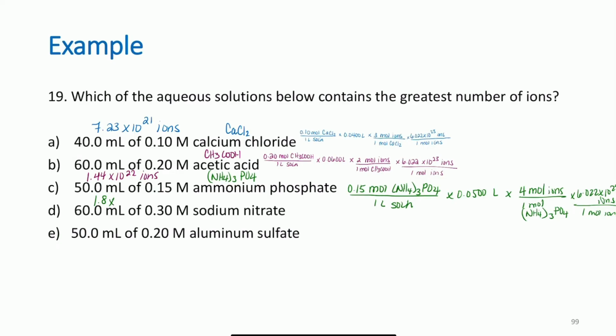Let's see, 1.8 times 10 to the 22nd ions. I wasn't paying attention. There's 2 sig figs here. So this should technically be 1.4, and this should be 7.2. Shrink this down.